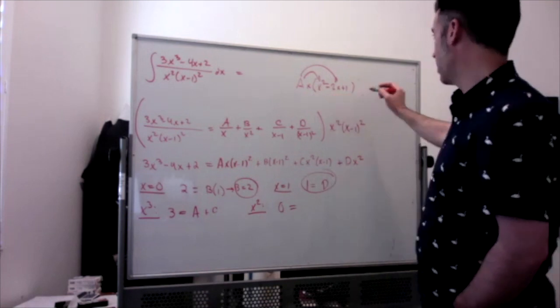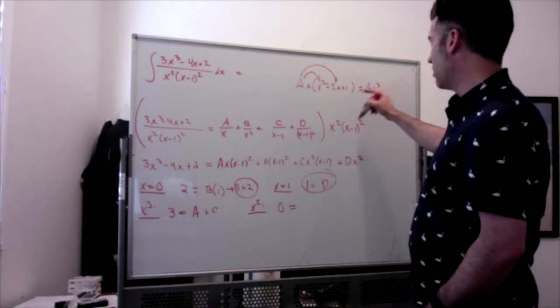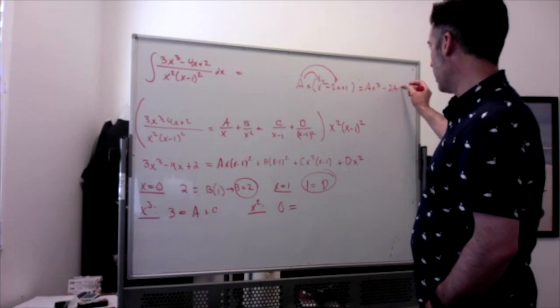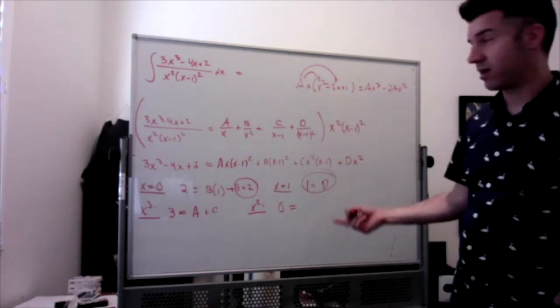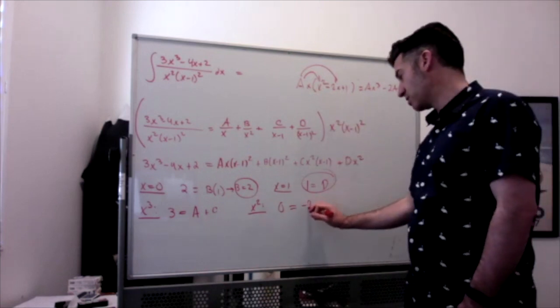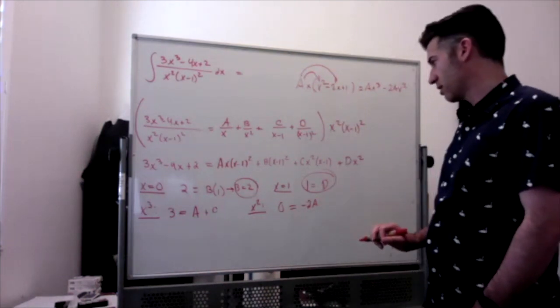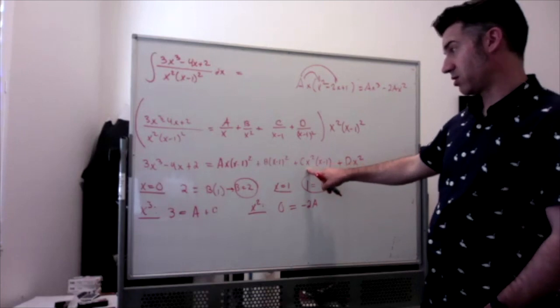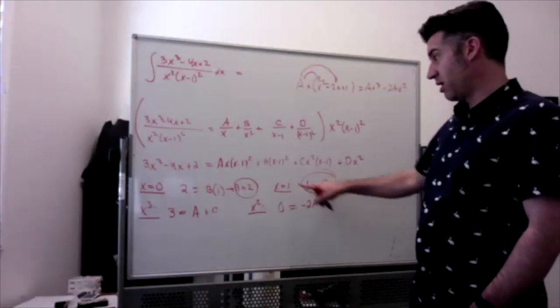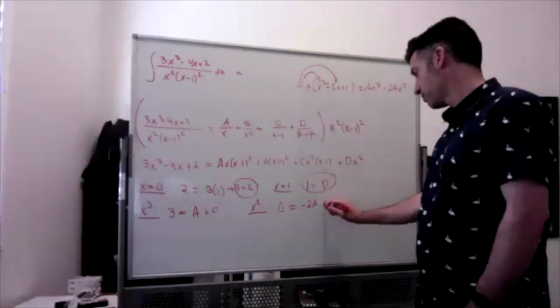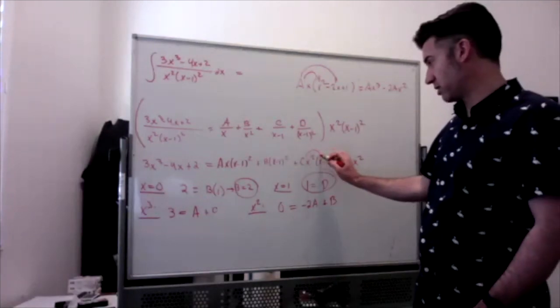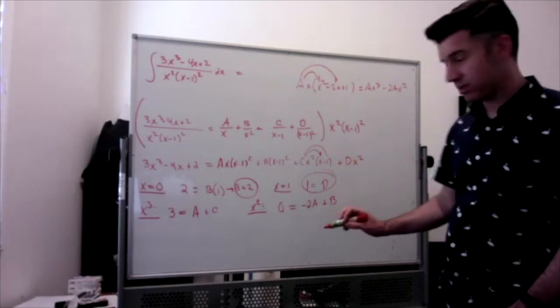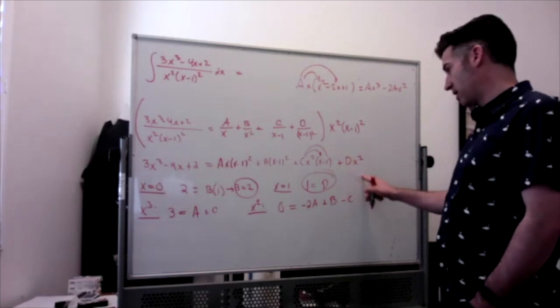So you get ax cubed, and then you get a minus 2ax squared. So my coefficient of x squared on the right, here at least, is minus 2a. I do also get a bx squared. I get a minus cx squared, because when I distribute this, I get a cx squared times a minus 1. And I get a dx squared.